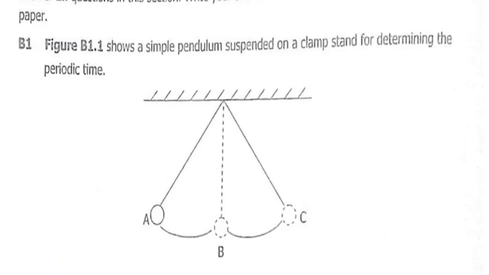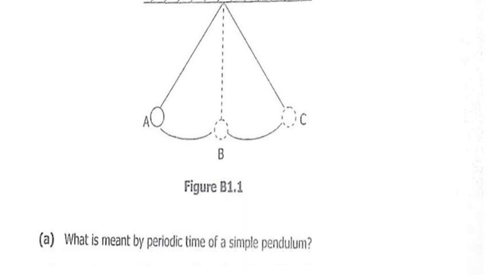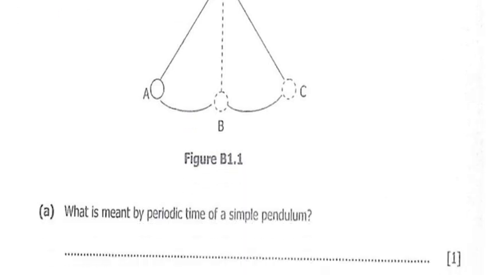So that's the question. Figure B1.1 shows a simple pendulum suspended on a clamp stand for determining the periodic time. First question, what is meant by periodic time of a simple pendulum?